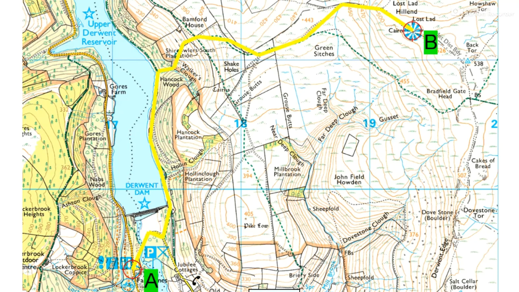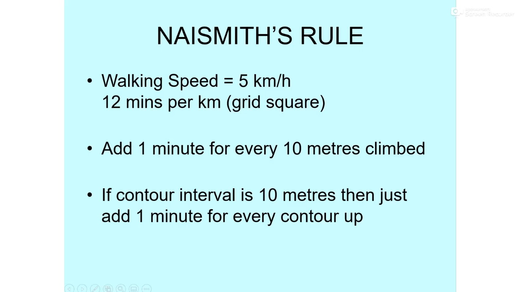Well, there's a well-known way that hill walkers can do this. It's following something called Naismith's rule, which gives an estimate of walking speed and adds time based on the amount of climb that you're going to do.